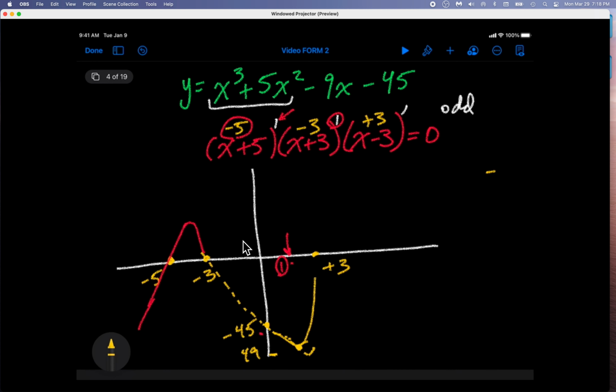So now it's going to come up here through +3. We know that the behavior is down, up. We've satisfied that. When we go through this 0, we don't bounce off it because that is an odd number. So that's our graph right there.